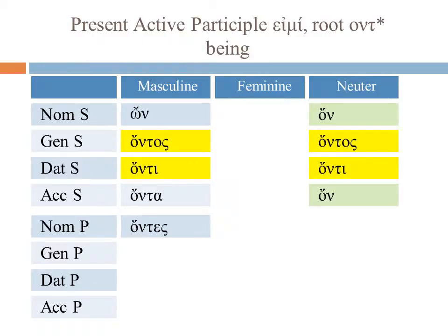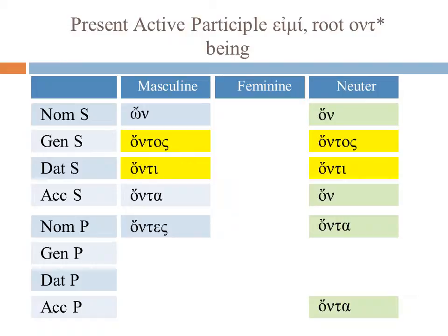The nominative plural masculine is ὄντες, epsilon sigma ending. We're familiar with that. The neuter, just like all neuters, is the same in the nominative and the accusative. So we have ὄντα, and the neuter plural is always alpha in the nominative and accusative.